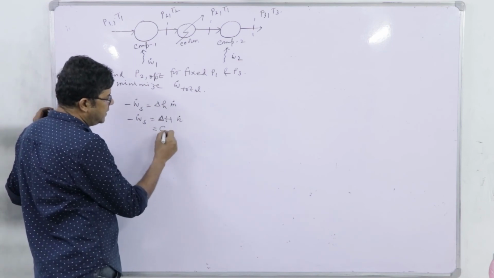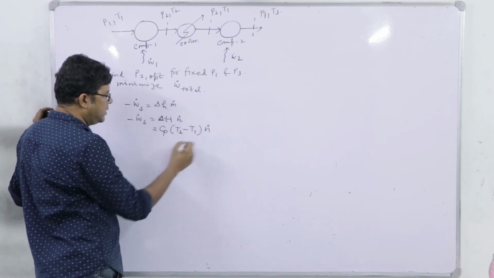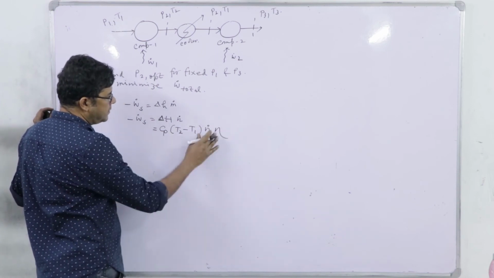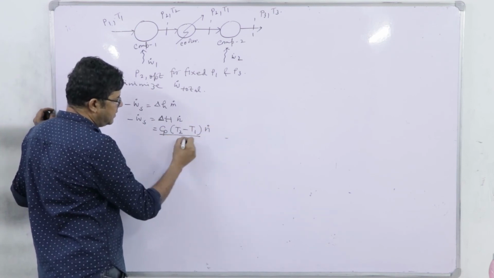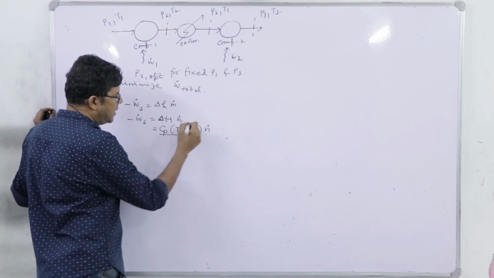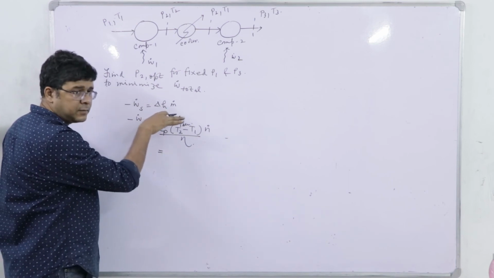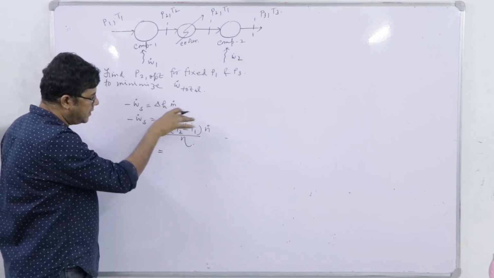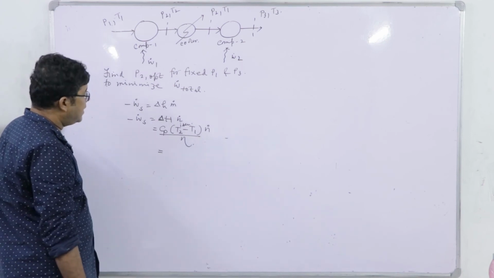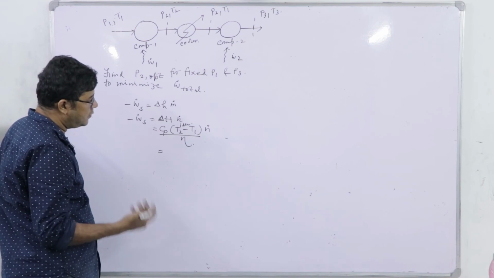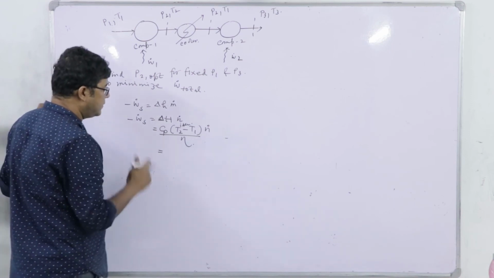So delta H we can write as Cp into T2 minus T1, into N dot, divided by eta, because it is a compressor. So T2 here is T2 isentropic, because the isentropic work or isentropic enthalpy change, divided by the isentropic efficiency, will give you the work in a normal real process.